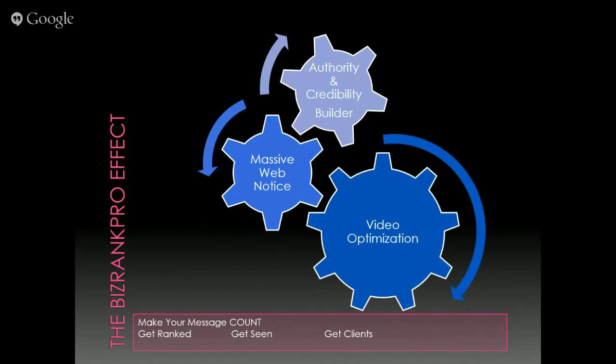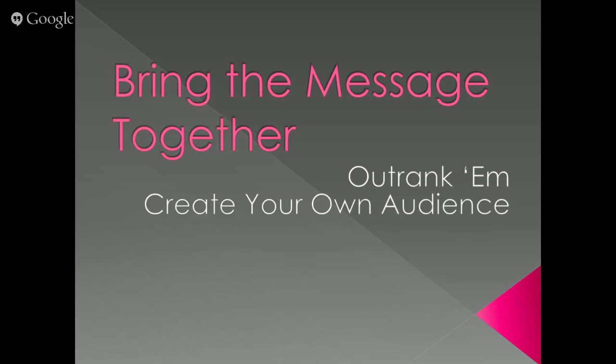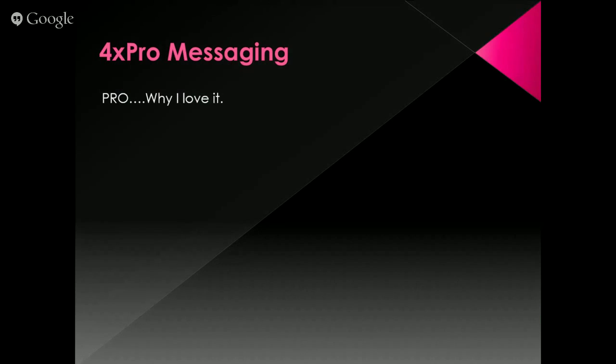And once you get this done, you now have the massive web notice by sharing your video, and you are building authority and credibility with things like articles, press releases, and so forth. So what do we do to bring the message together? We outrank them, and you create your own audience. You hook their interest fast, and that's what I want to tell you about now: the 4 Pro messaging.